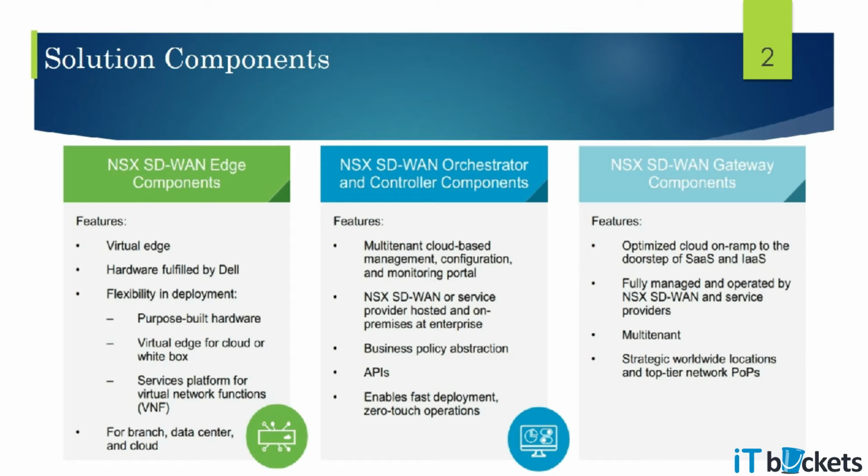First, we are going to describe the SD-WAN Edge components and their features. VeloCloud Edge is a compact, thin edge device that is zero IT touch, provisioned from the cloud, for secure, optimized connectivity to application and data.